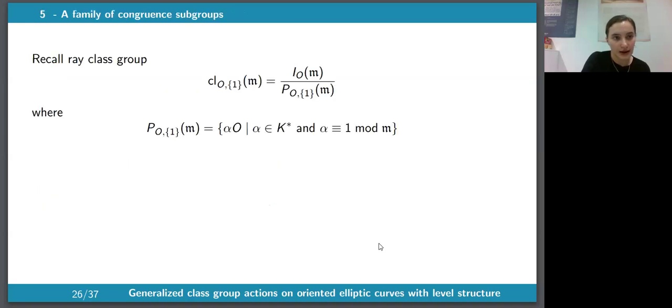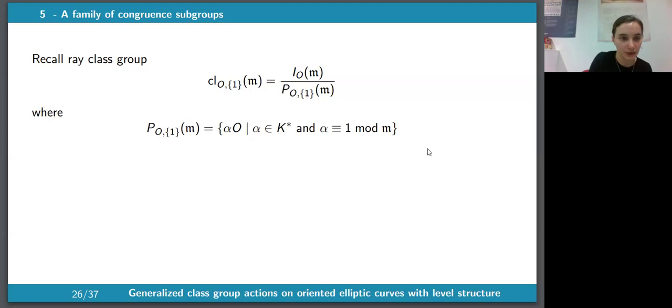All right, so this family of congruence subgroups is inspired by the definition of the ray class group, which I remind you is the generalized class group corresponding to such a congruence subgroup P_{O,1}(M). Now the idea is to replace this 1 here with something a little bit more general.